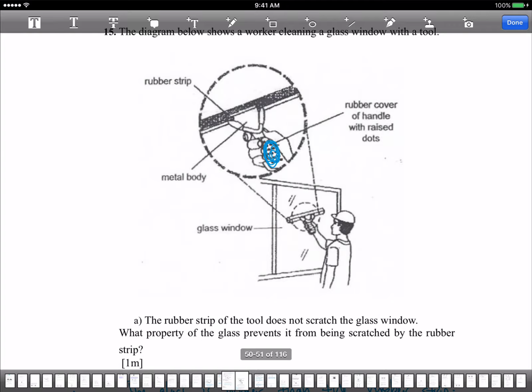Friction? Reduce? Smooth? No, read again. Rubber does not scratch glass because glass is smooth?